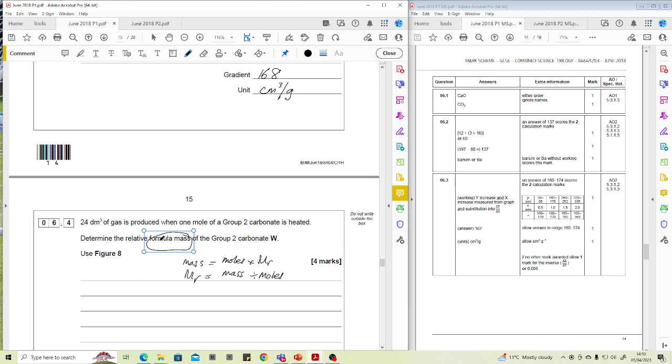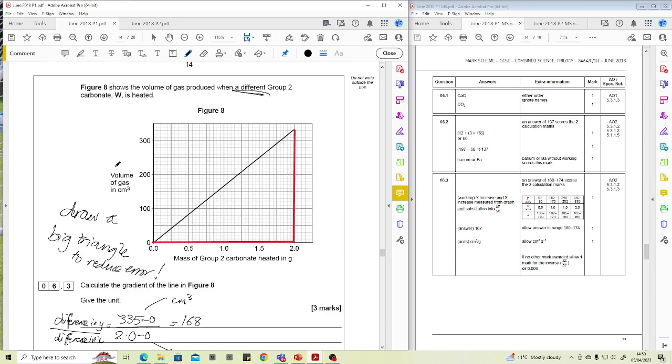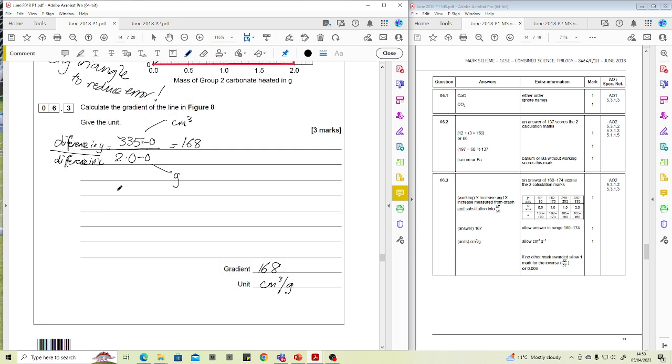Okay, so that's in the right order. So we've got some mass, and then we've got this gas thing. Oh, so from the graph, find the mass. But the graph doesn't go up to 24 decimetre cubed. What's the closest it goes up to? Oh, maybe 240 centimetre cubed.